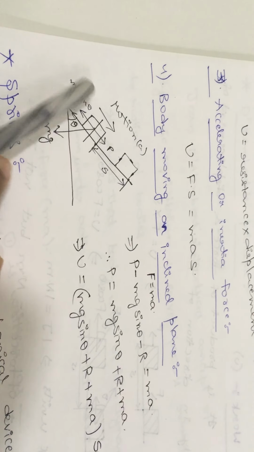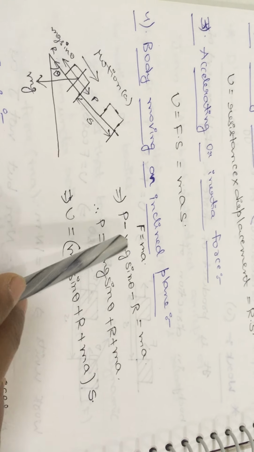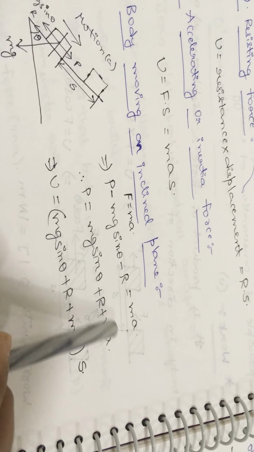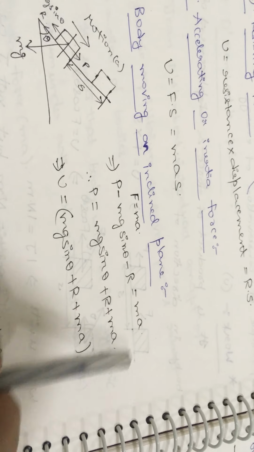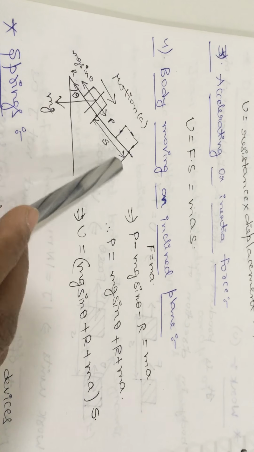So completely three forces are there, so you will get three forces according to the sign convention in place of the F. Now from this equation make P the subject. So this P force is nothing but the F force in the work done formula, so that is P force into parallel displacement.